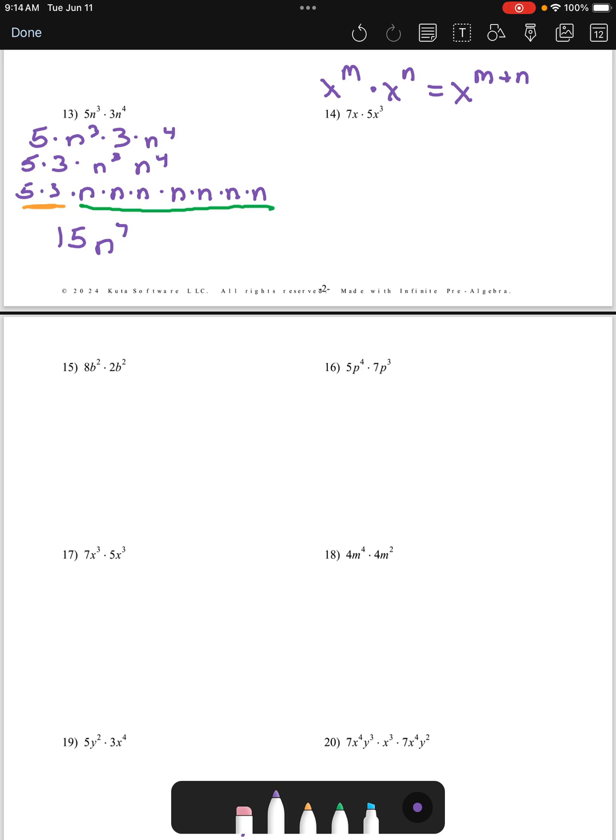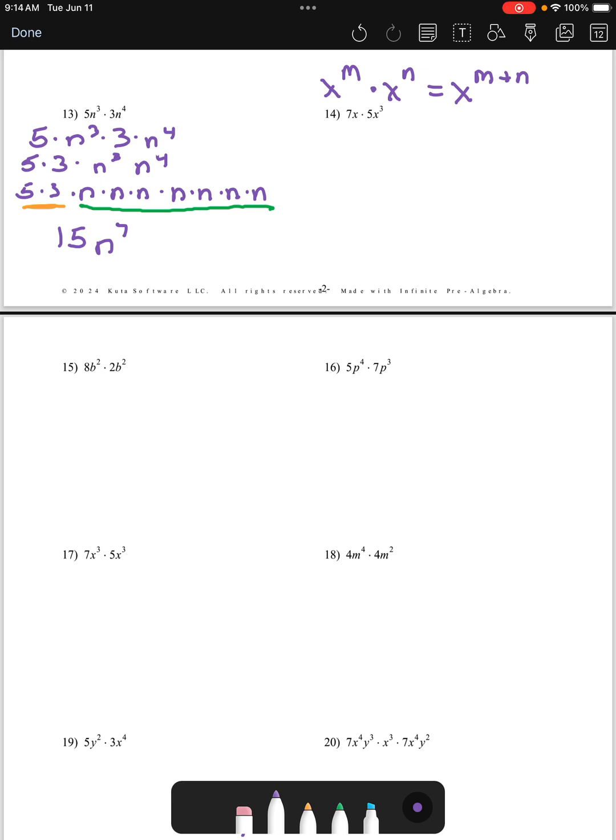The coefficients of 5 and 3 are multiplied to make our 15. Our variables of n to the third and n to the fourth, using this rule, the exponents of 3 and 4 get added. 3 plus 4 is the 7 in the answer.